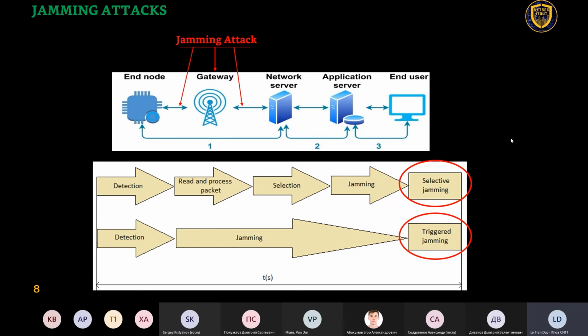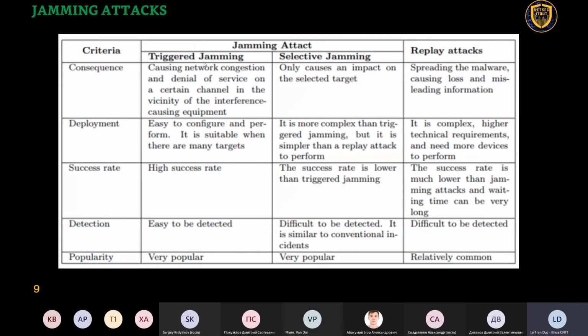Of course, we cannot steal any information from jamming attacks. And here is a comparison of trigger jamming and selective jamming techniques, about the advantages, disadvantages, and how to deploy them.